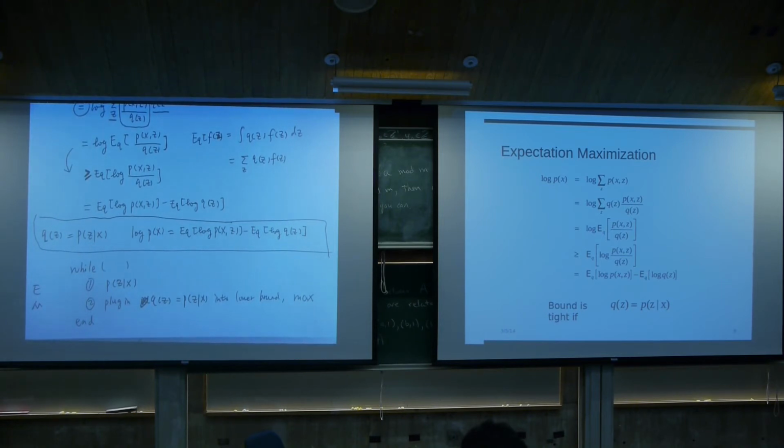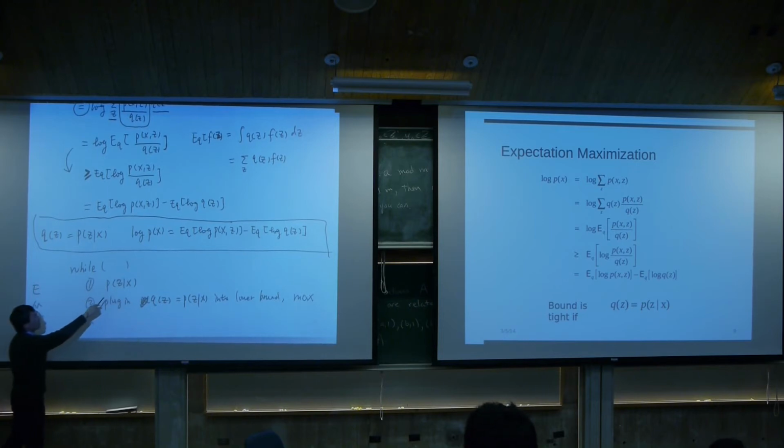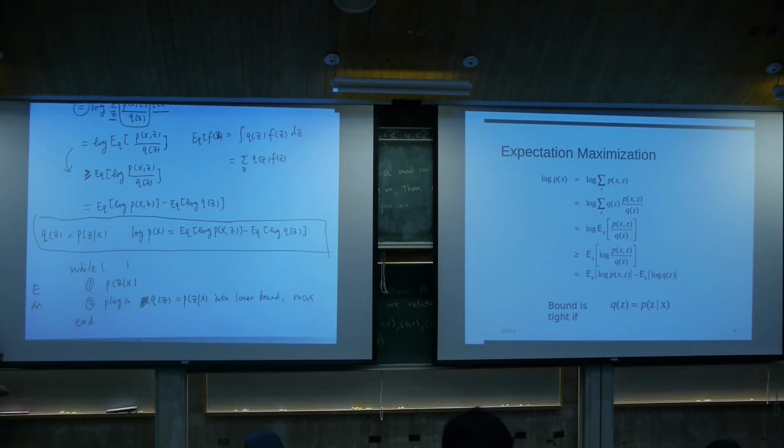In the first step, we estimate this distribution. Why is it called expectation? Actually, in the second step, we are using the expectation of this distribution. But since this is a multinomial, the probability is the same as its expectation. And then in the second step, we are maximizing the lower bound. That's why it's called the EM algorithm.